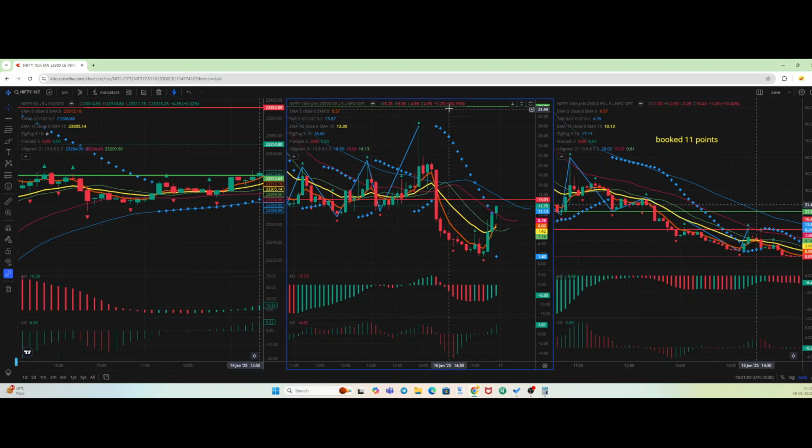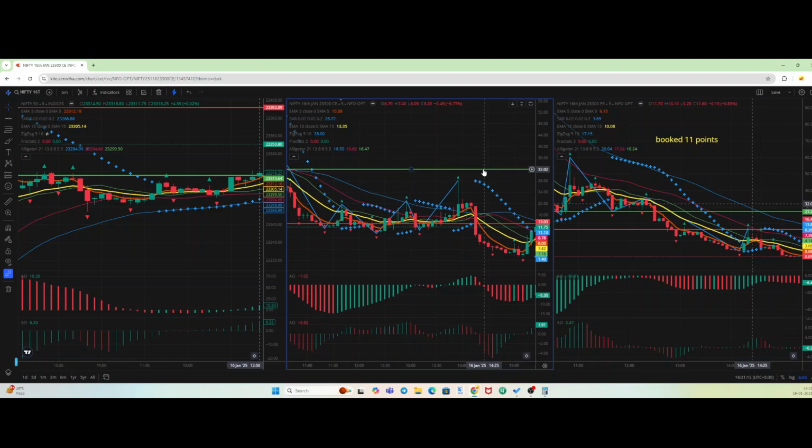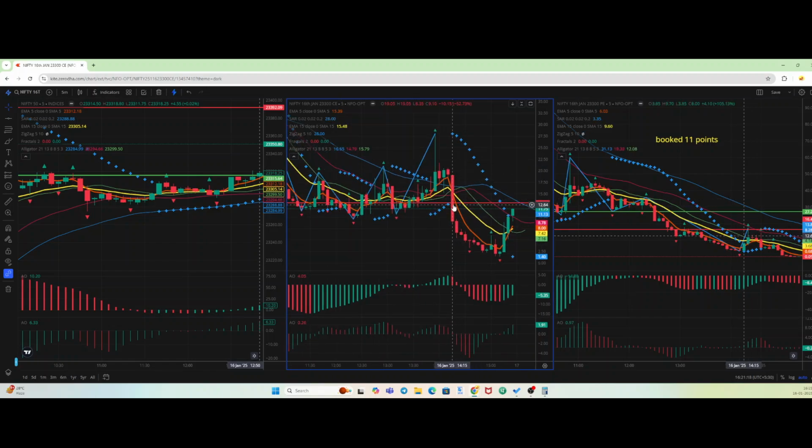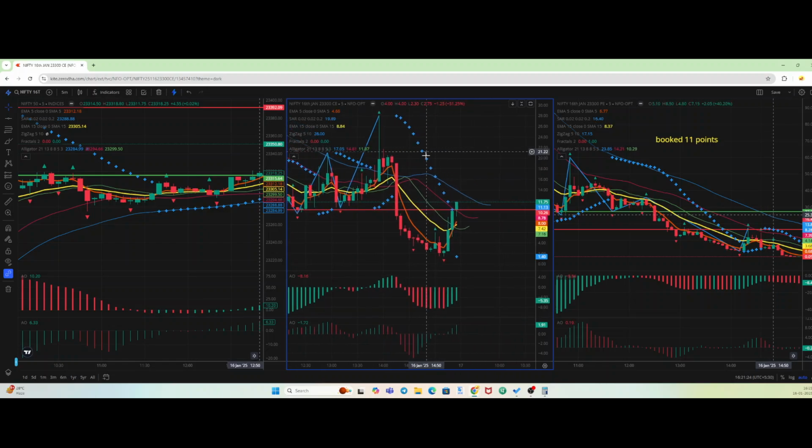What we did here: below this area there is a stop loss trigger order.